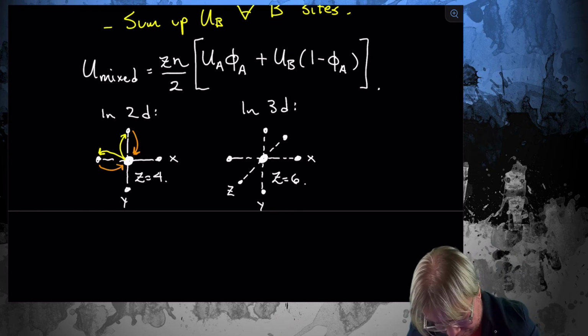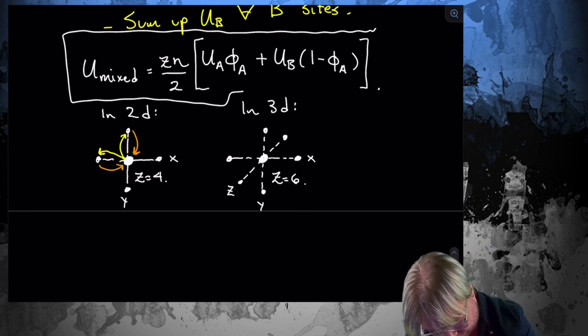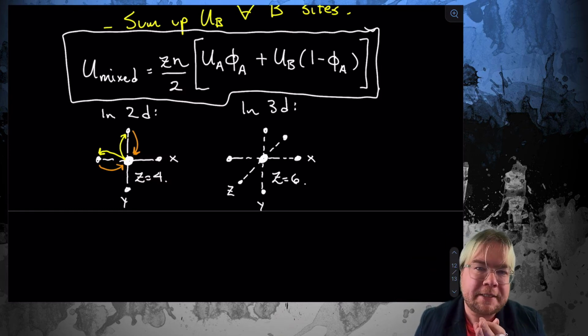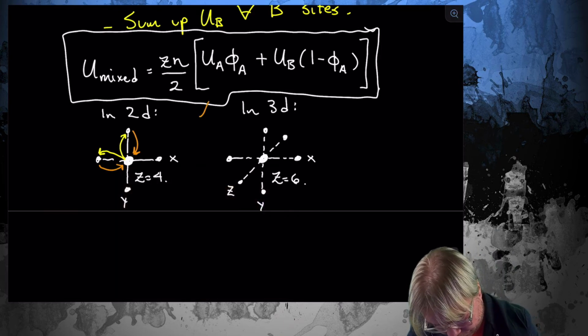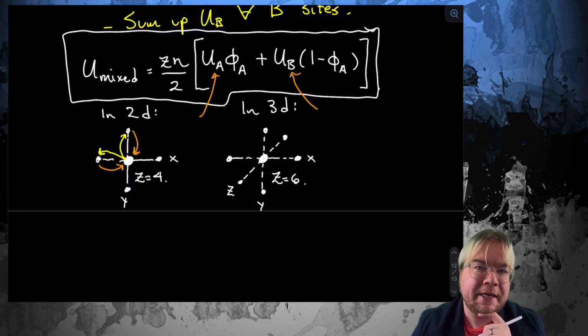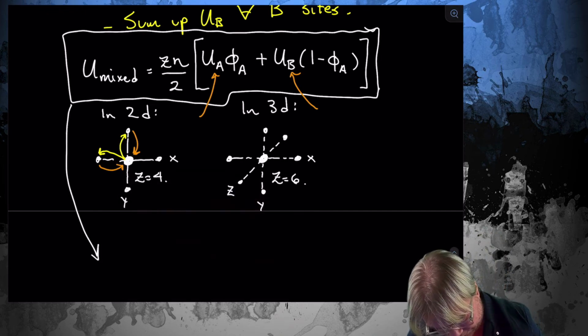So this is where I'm starting for getting the interaction energy for my system in the mixed state. But what I want to do is substitute in for that and simplify things a little bit so I can get a nicer expression, because I still have to look at the unmixed state. So with this in mind, let's take this down here.